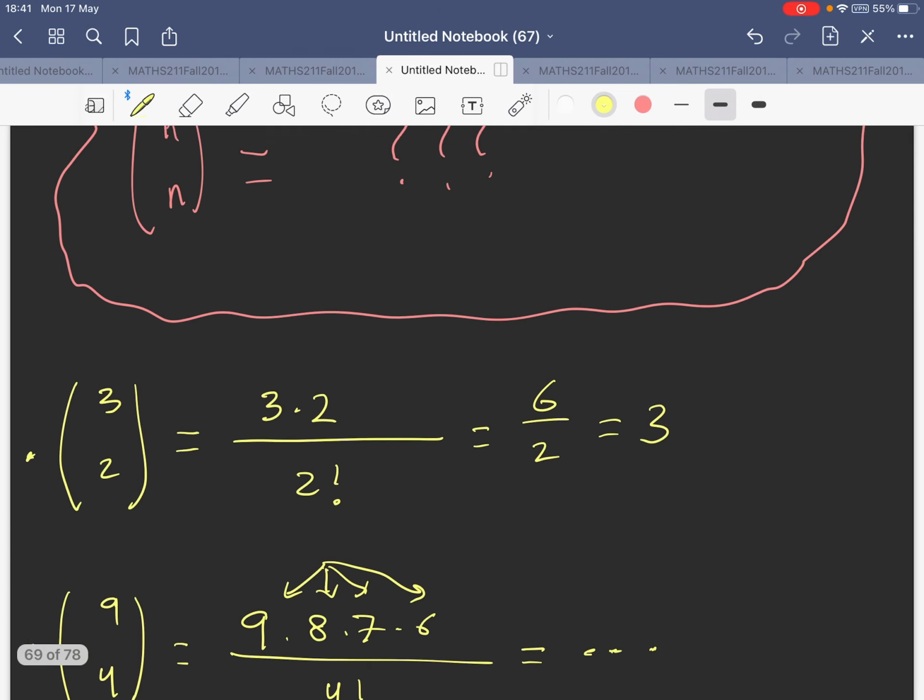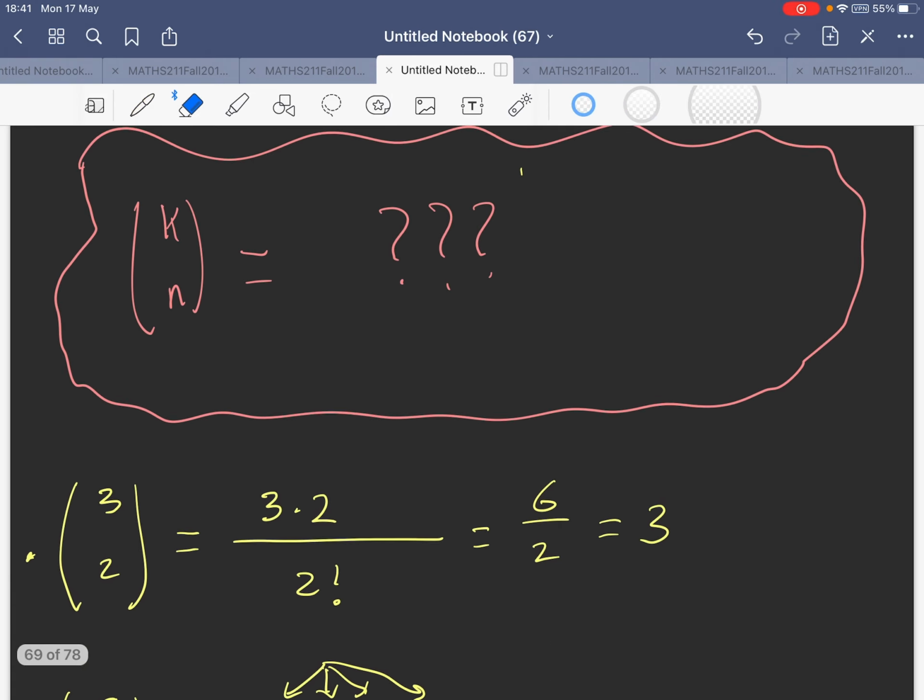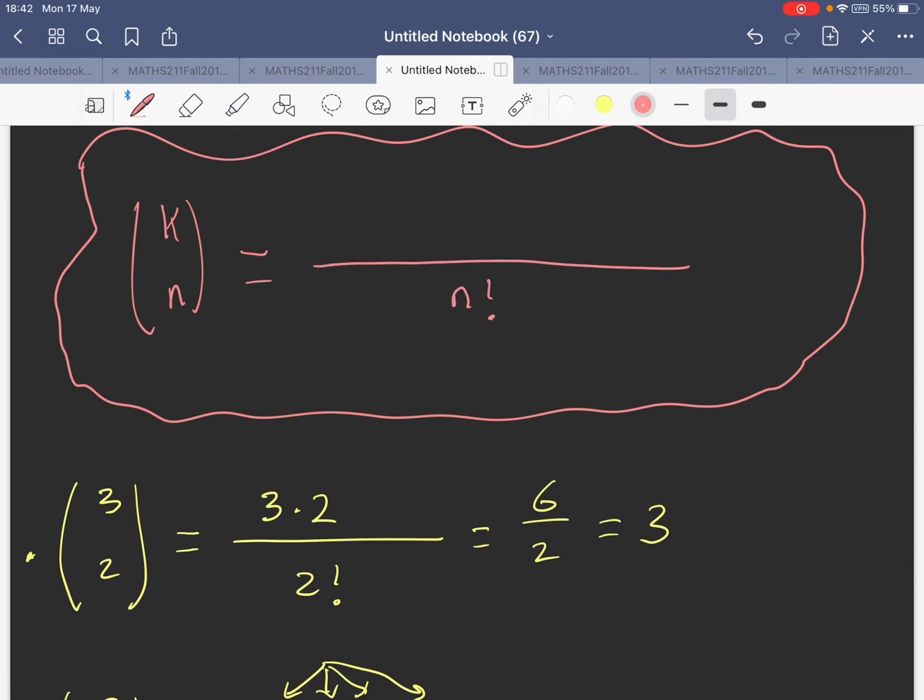Simple and easy. And so in general, what we have here is the following. First of all, in the denominator, we have n factorial. In the top, we start with k, and then we just take 1: k minus 1, k minus 2, k minus 3, and so on. How many of them do we have in the top? How many brackets? It should be the same as the number n.